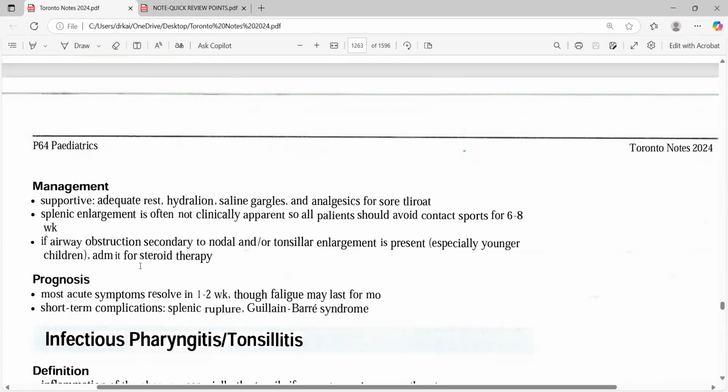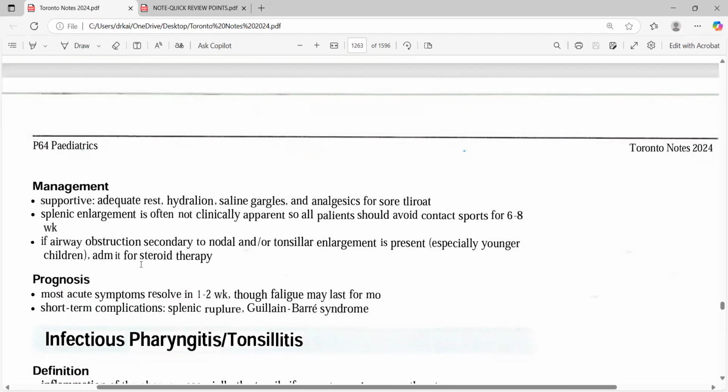I know it's not a very common practice, but you should keep it in mind that you have to do the abdominal examination to check for the spleen. It saves a lot of time. Then you don't have to go for the monospot test, and if you can palpate the spleen, it's a splenomegaly, so go for the monospot test to confirm the diagnosis.